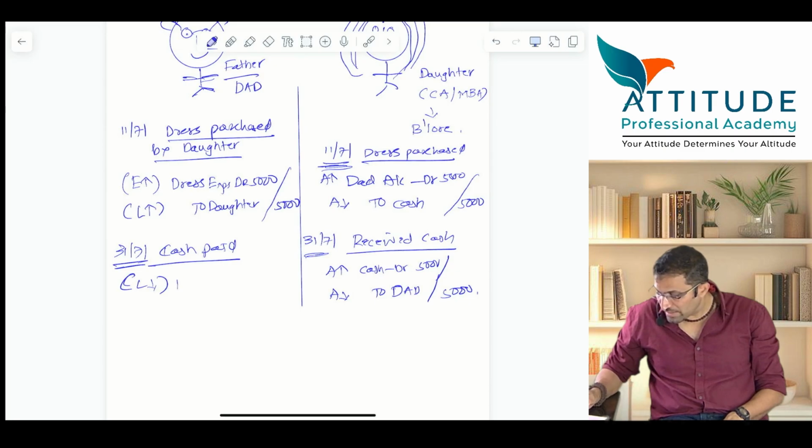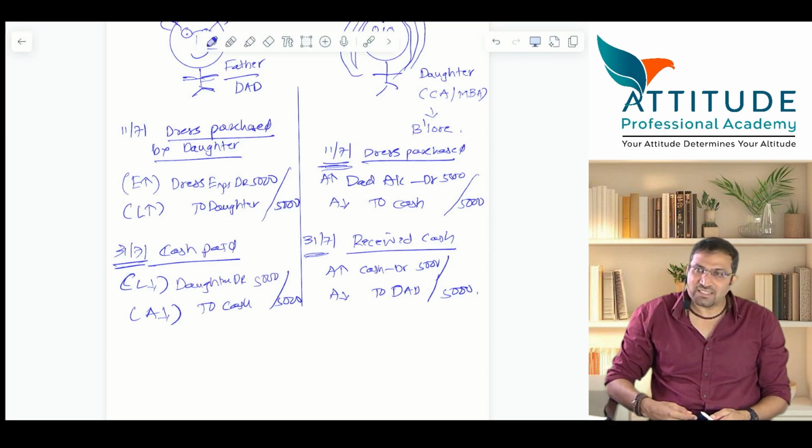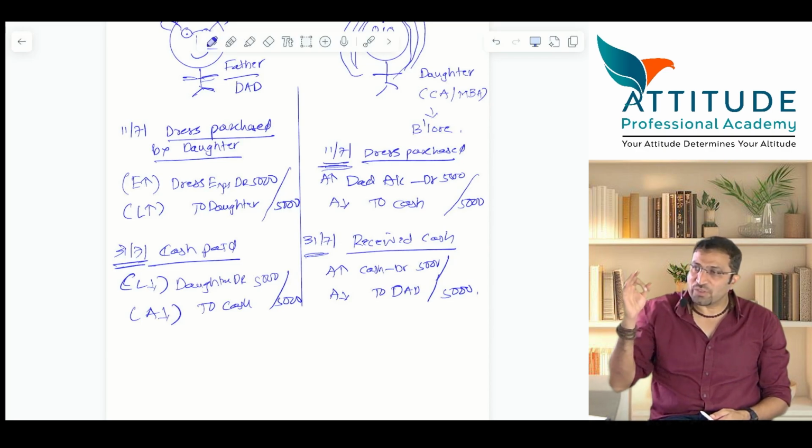Liability is, daughter is a liability. Daughter's debit, how much? I paid the cash, 5,000. Asset reduces. Reduces, not increases, no? Reduces. Look from father's angle, not from your angle. Is that clear? These are the things you have to understand.